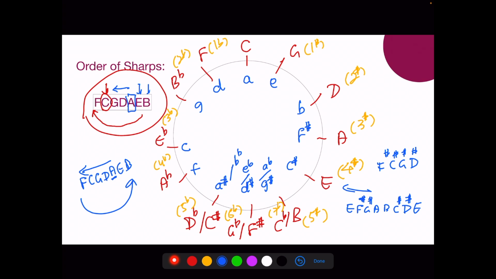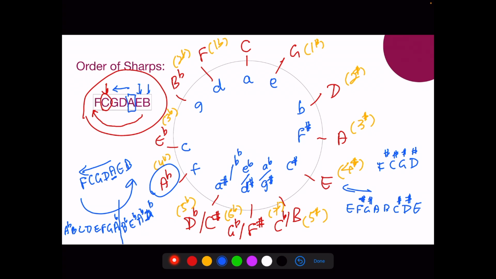Well, let's take another example. A flat has 4 flats, right? So which 4? Well, that's the reverse. Instead of fat cats go down and eat birds, this is going to be B, E, A, D, G, C, F. So B flat, E flat, A flat, D flat, sorry. Okay, so if you write out the entire A flat scale, and let's say you still don't know which one, so A, B, C, D, E, F, G, back to A. Let me just draw that little line.